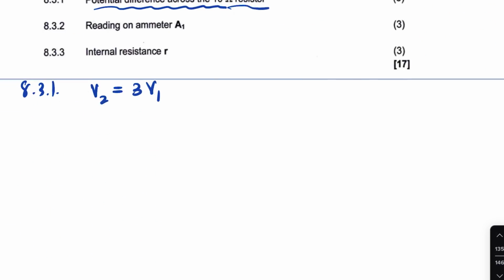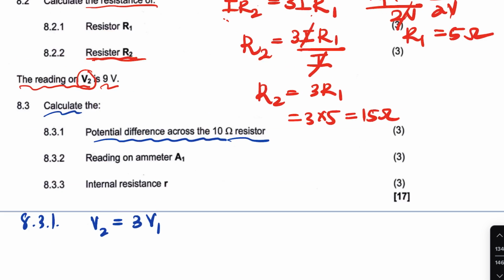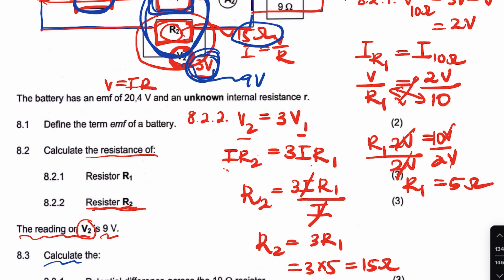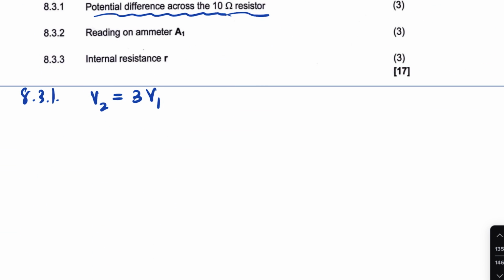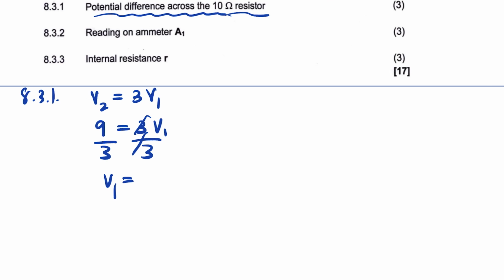So we know V2, we're given V2. It's 9 volts. So why can't we substitute V2, it's 9, equals 3V1, and then we divide by 3, it's going to give us V1 is equal to 3 volts.